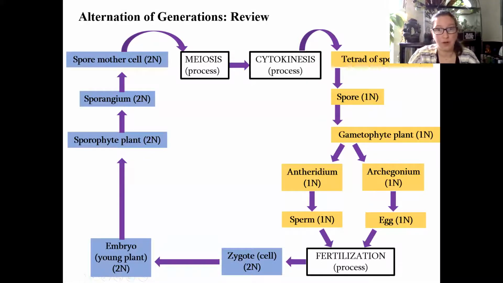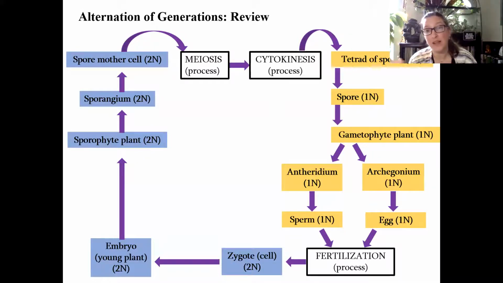What else can I point out here? I've color-coded this slide to show you things that are diploid versus haploid, right? So all of the stuff on the left side of the slide that's kind of purplish blue are diploid things, AKA part of the sporophyte plant, or the sporophyte plant itself, right?